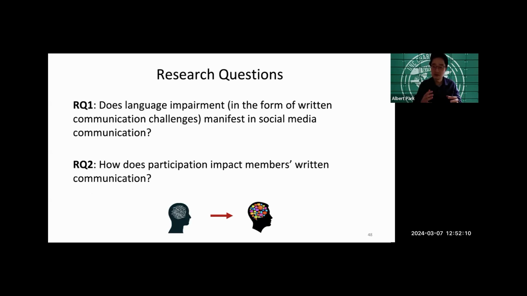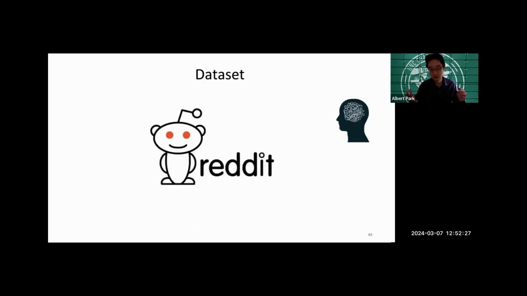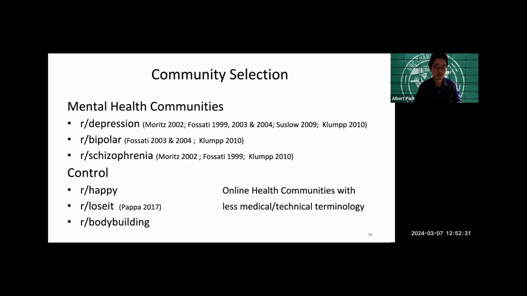Based on this, I wanted to find out whether language impairment can be detected in an everyday situation like social media communication, and whether any changes occur as members participate more and more. Again, I used Reddit for this study and selected, based on the literature, depression, bipolar, and schizophrenia, and compared them against happy, lucid, and bodybuilding.